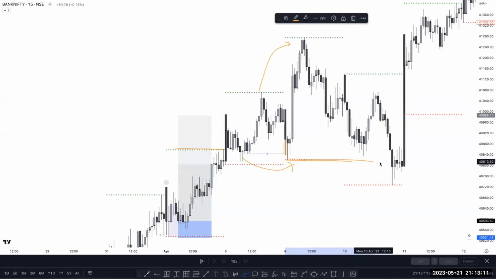This low acts like an inducement, and this low also acts like our previous day low, right? This one. So basically you have to buy when previous high is broken, the inducement is taken out and then buy. Simple at this point. Okay.